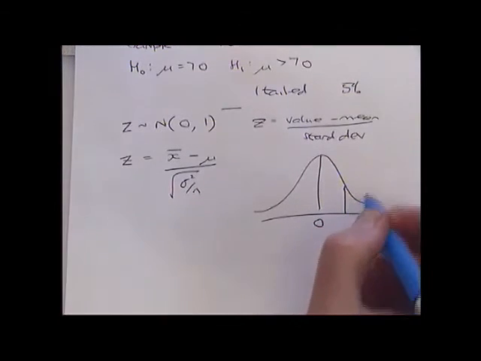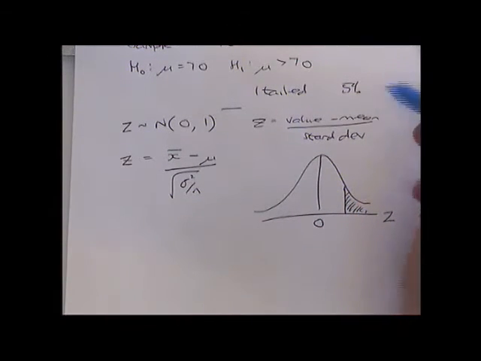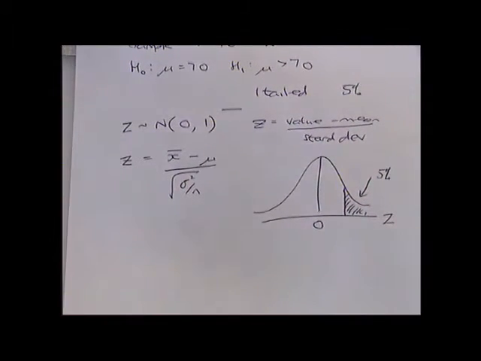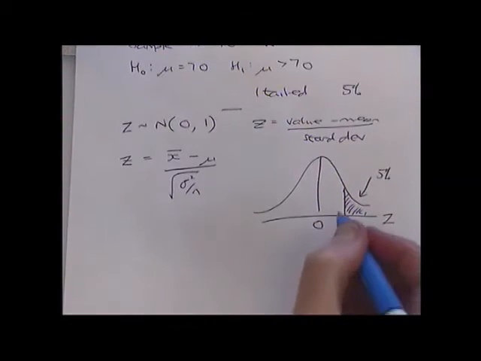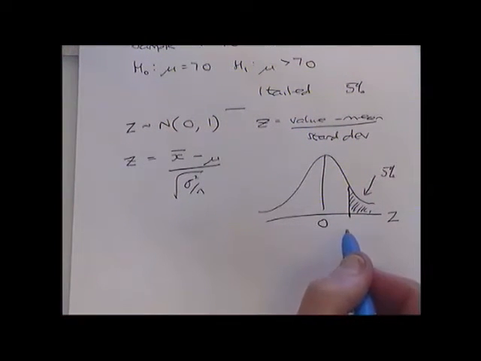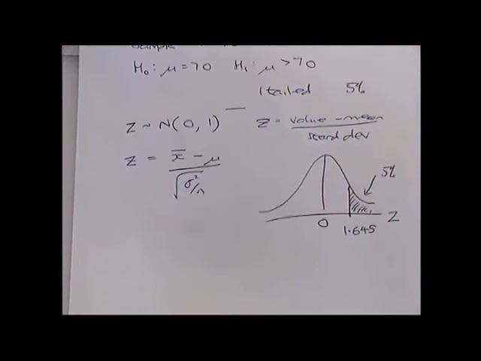And we are interested where there is 5% probability from that significance level in that upper tail. So can anybody tell me, what is this value of Z here? 1.645. Okay, and you can get that from the bottom of the tables if you look up 0.95. And that is one of these numbers that you will memorise.